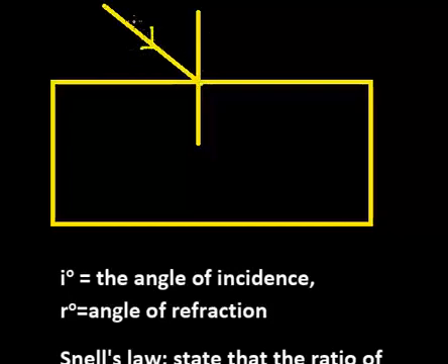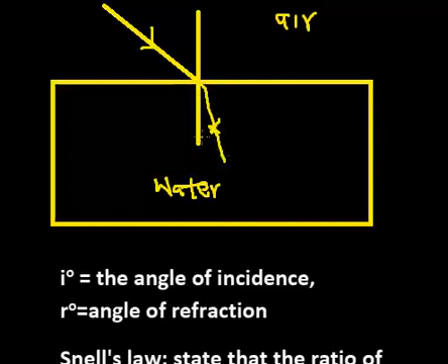This light moves from air and hits this interface, this different medium. This medium here is air, and let's say this medium here is water, or even glass. Now I discover that this light will no longer move straight, it will bend. The bending of the light, as you can see here, is what is referred to as refraction, that change in direction.